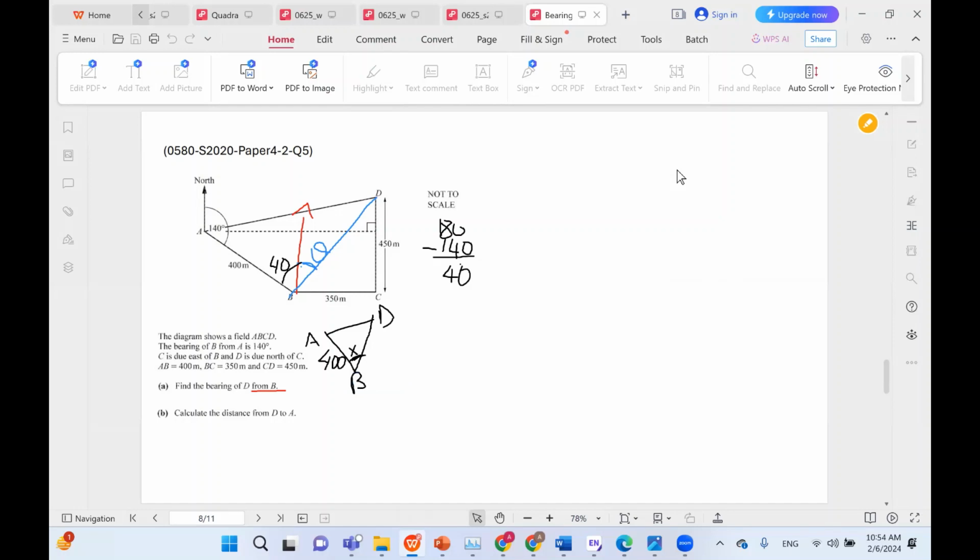And we can also get BD using the Pythagorean theorem. So let's draw triangle BCD. BC is 350. CD is 450. So we can simply compute the Pythagorean theorem as 350 squared plus 450 squared.